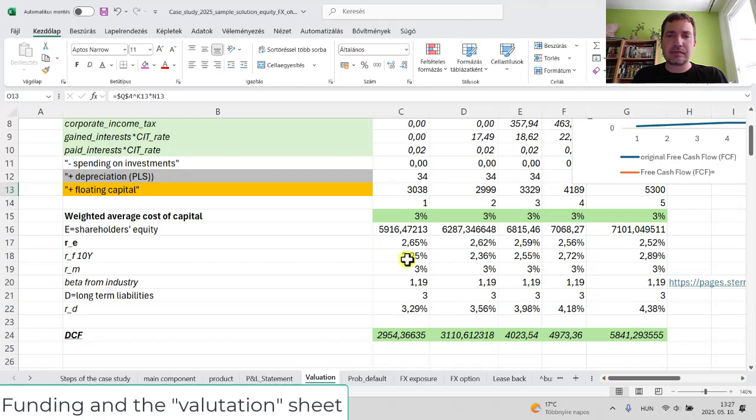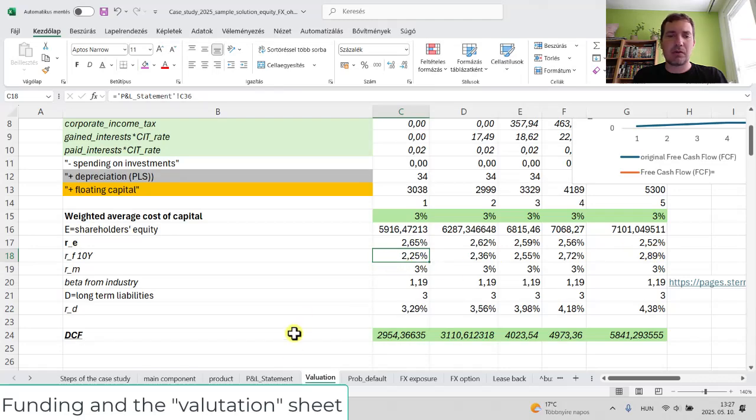After that, what we can do is capture the market returns. We are just taking the average of these values. And also we have the risk-free rate.